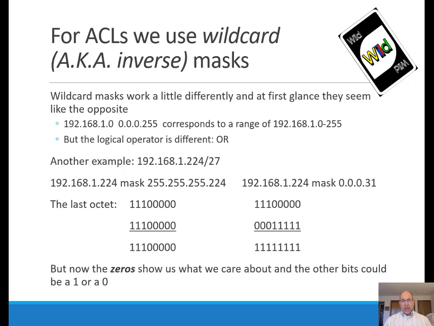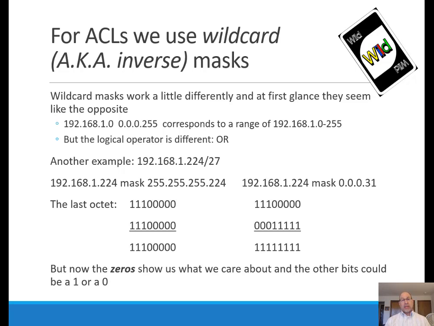Now, if we take the last octet and we split out the binary for the network portion and then we split out the binary for the mask, it would look like that. And then if we did the OR operation, we would get that funny value down there at the bottom of all ones. But the important thing to remember here is that in the wildcard mask, zeros show us the things that we care about.